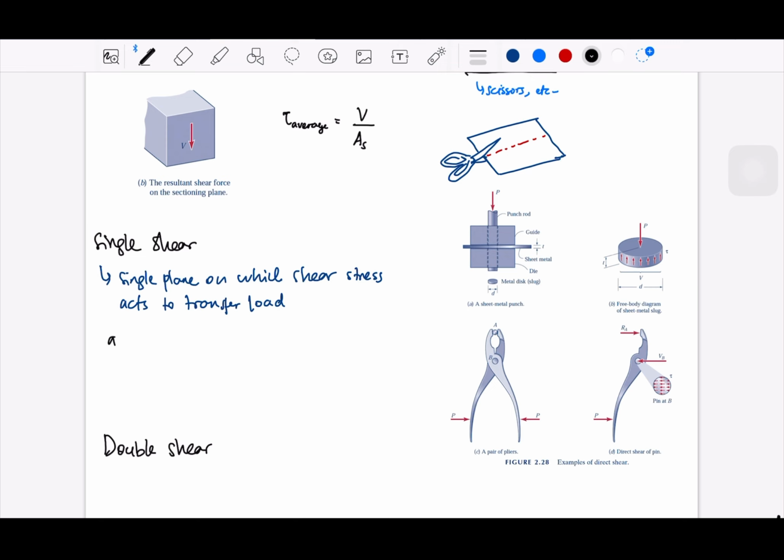And the average, the difference is... This is the rectangular shape.